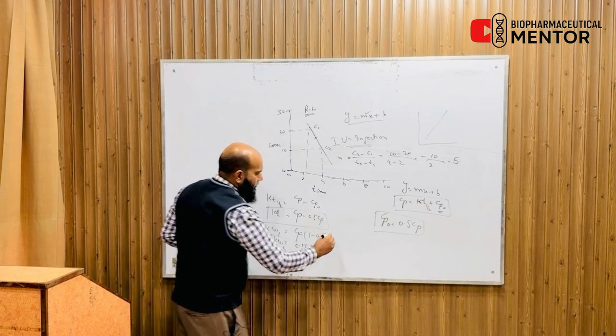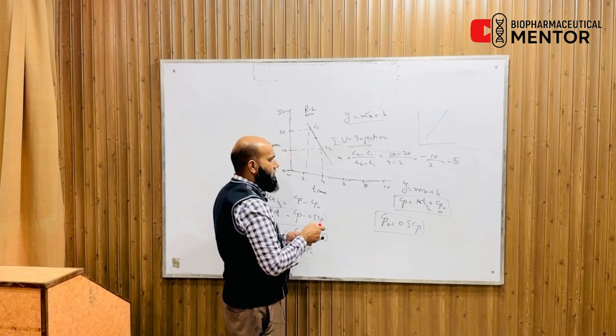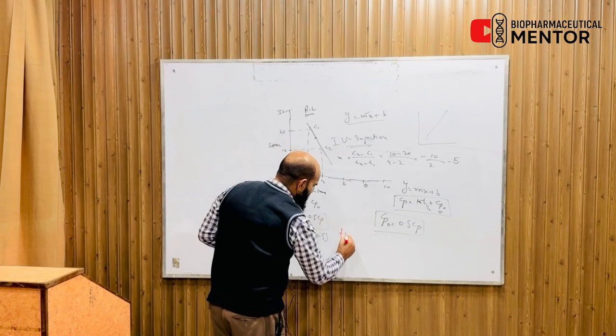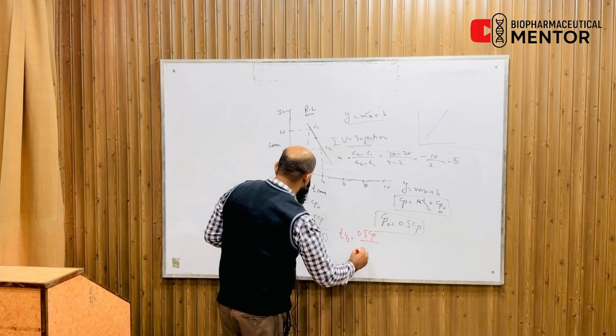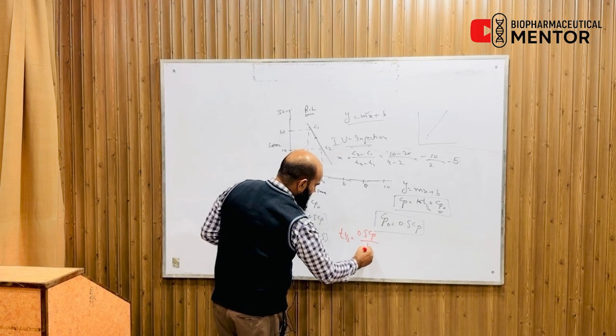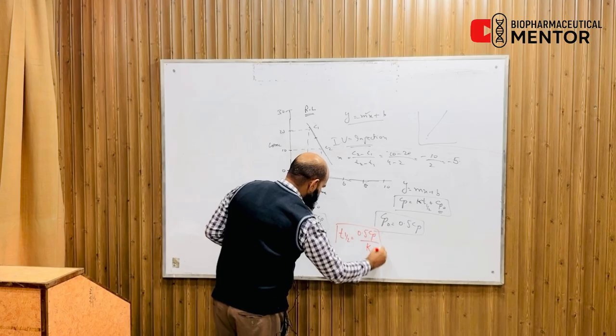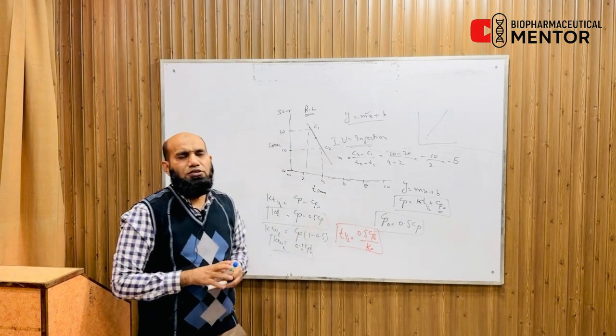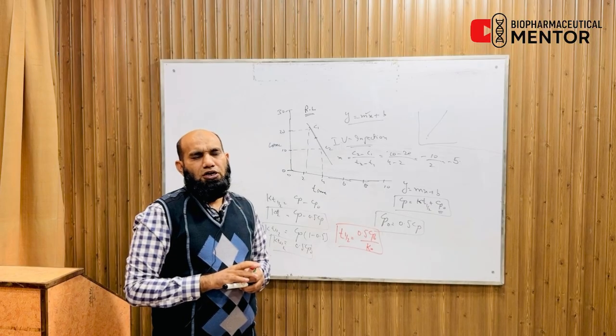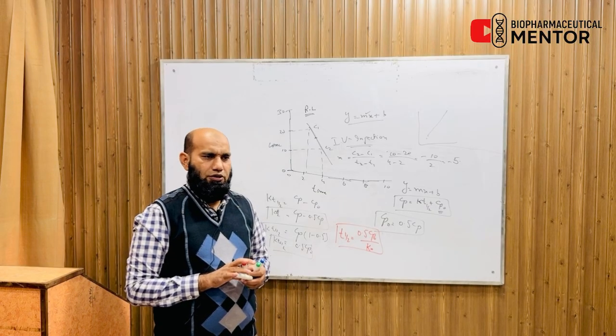And now the formula for the half-life in the case of zero order is T half is equal to 0.5 Cp naught over K. This is the formula for the half-life of the zero order rate constant.